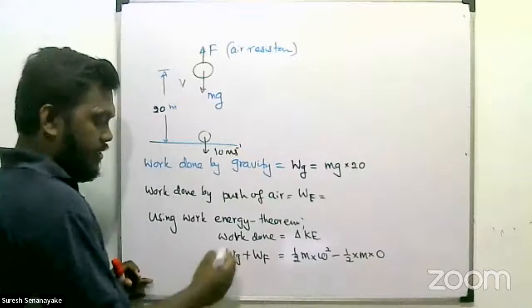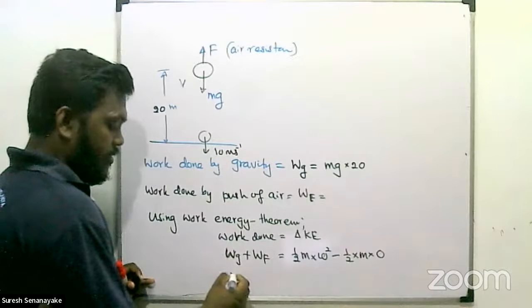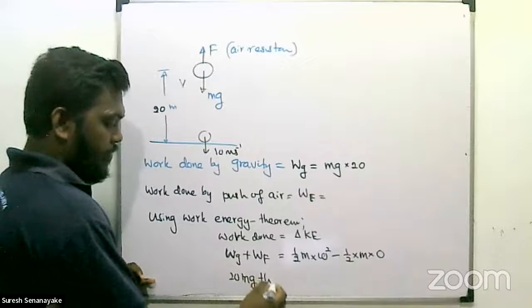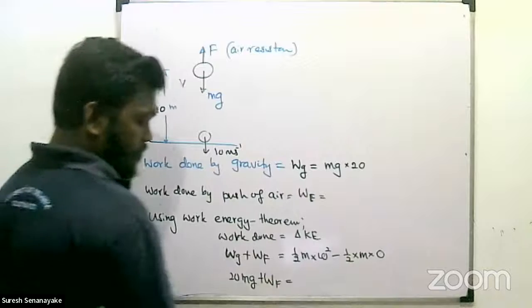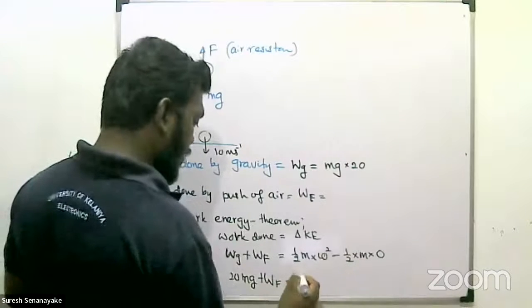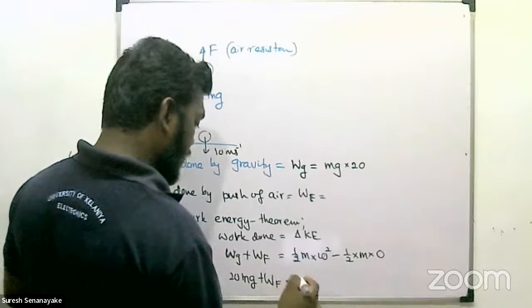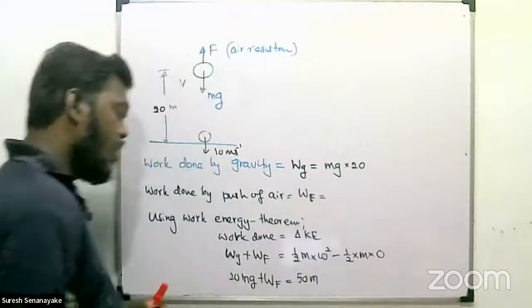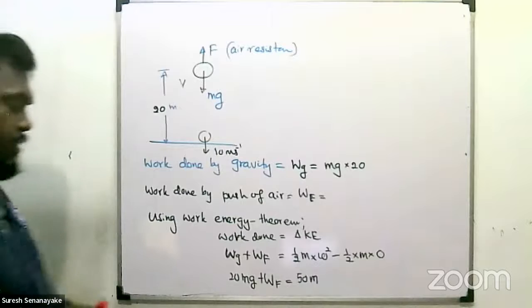Now you can write 20 mg plus WF equals half m 10 squared, that's 50 m. g is 10.